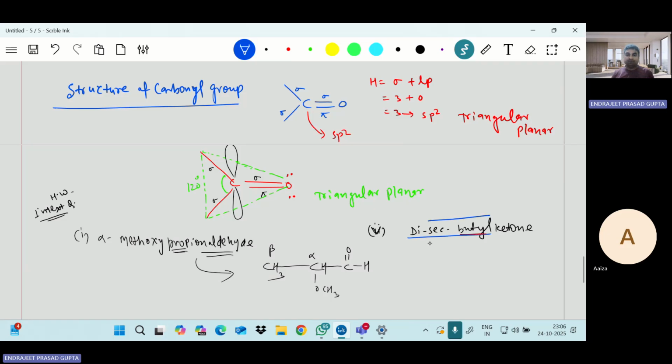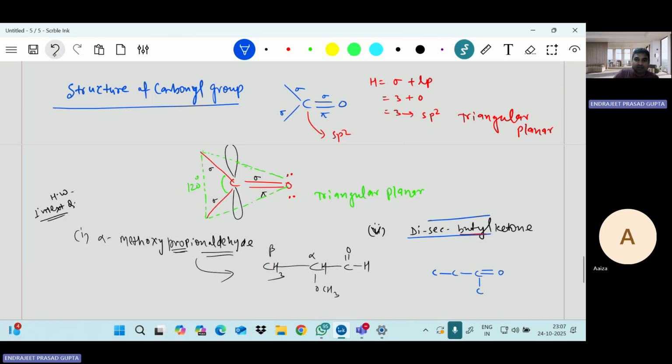Secondary butyl is this: 1, 2, 3, four carbons, a butyl, and this is double bond O. This is secondary butyl ketone because the carbon attached to the carbonyl group is a secondary carbon.